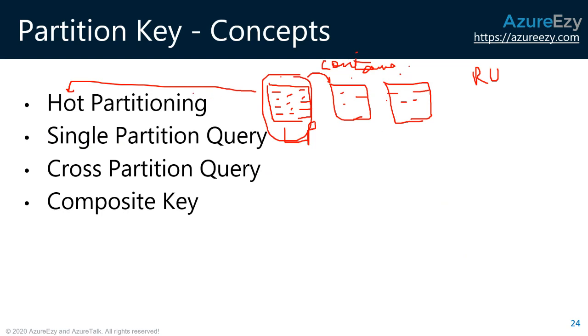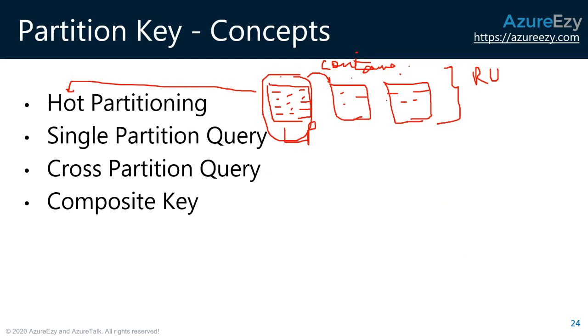This particular concept we were trying to understand from the perspective of storage. Similarly, we also need to keep in mind the throughput. We don't want a hot partition with respect to throughput either, just like in this example, which was a hot partition with respect to storage.